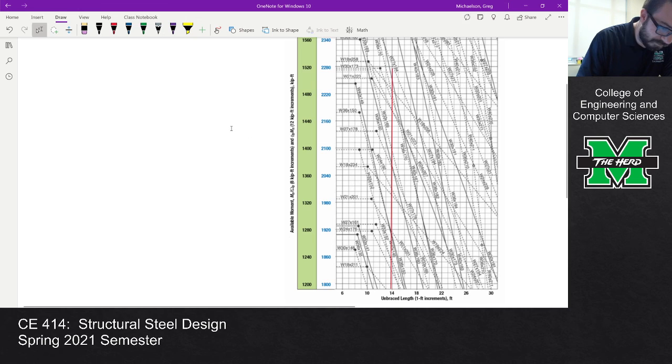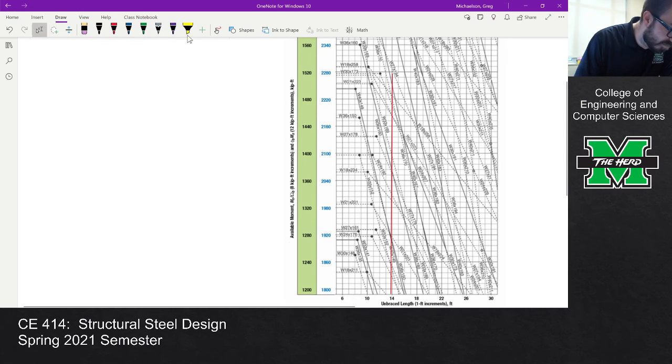Something like that. And then 2150 is probably going to be something like that. Right? So then we're going to draw up. And so that's the section that we want to use right there.